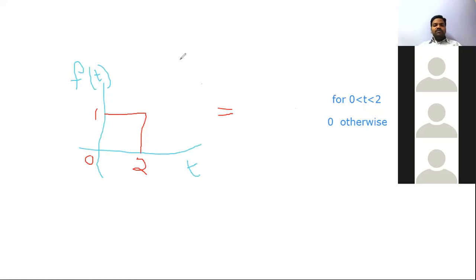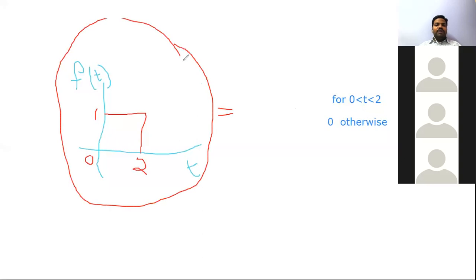So f of t, this is the graphical representation you have been given in your examination question paper. And for this graphical representation, you are asked to write down the mathematical expression.